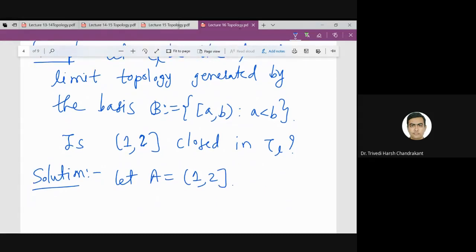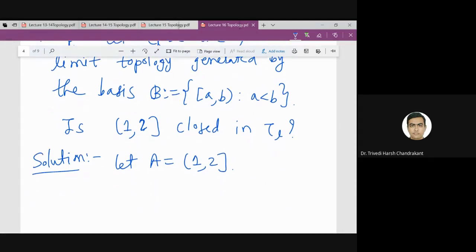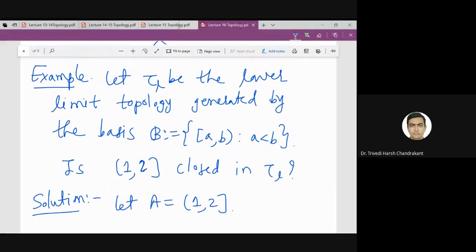If I want to check whether this set is closed, then I need to check that its complement is open, right? The lower limit topology is defined on the real line, so here we are taking X equal to R.